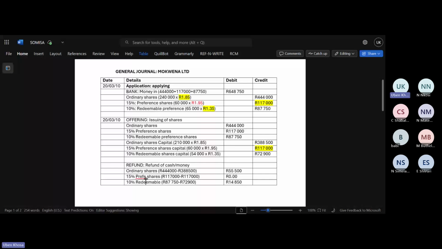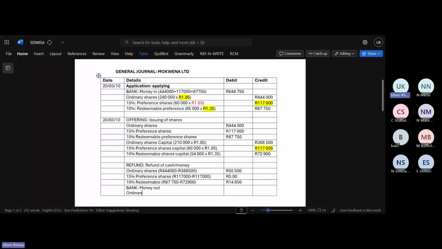Always when you are doing a refund step, show bank here at the end. You can even say bank money out. By the way, for ordinary shares, how much is money out? Let me record it one time. Ordinary shares. We must refund how much? 55,500.